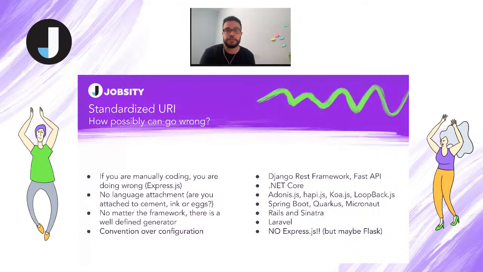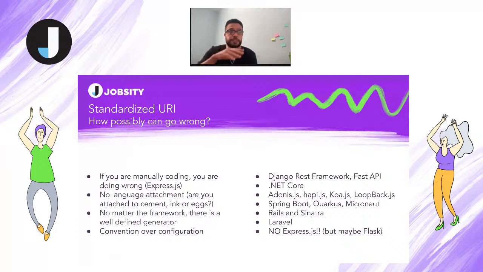Nobody is attached to cement or wood. And please always choose convention over configuration. Why? Because if you're doing something manually, again, you are introducing uncertainty to your project. And if it is based on convention, probably there are a lot of people that are going to respect the convention.